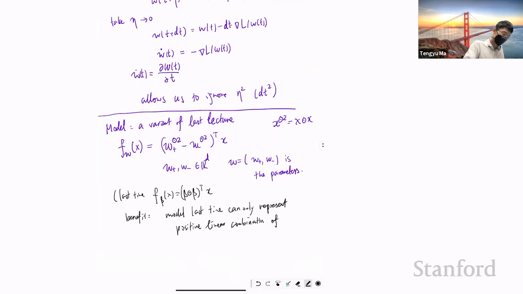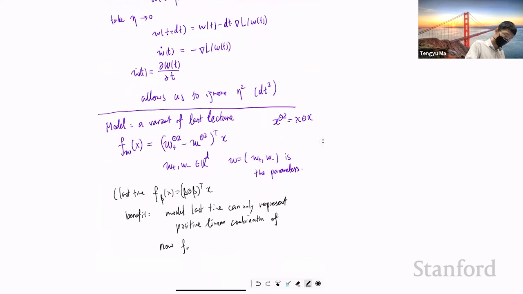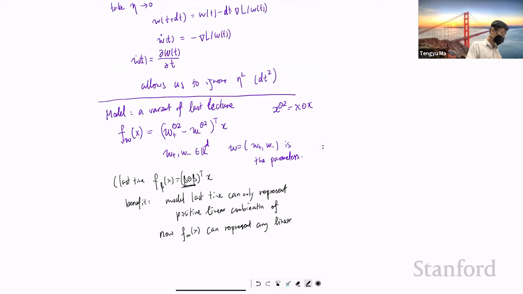Now f_w(x) can represent any linear model. Before, if you take the entry-wise product of beta with itself, it is always non-negative, so you can only have a non-negative linear combination of the coordinates of x. Now it can have negative coordinates.